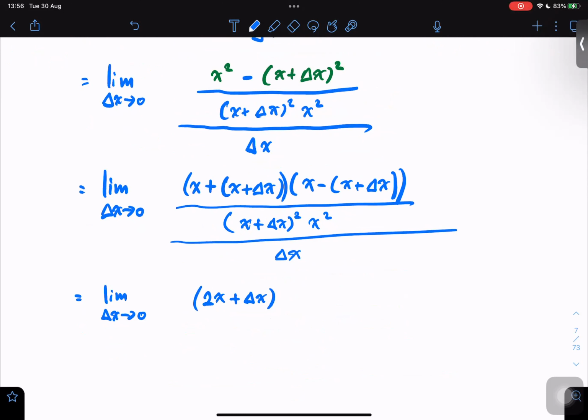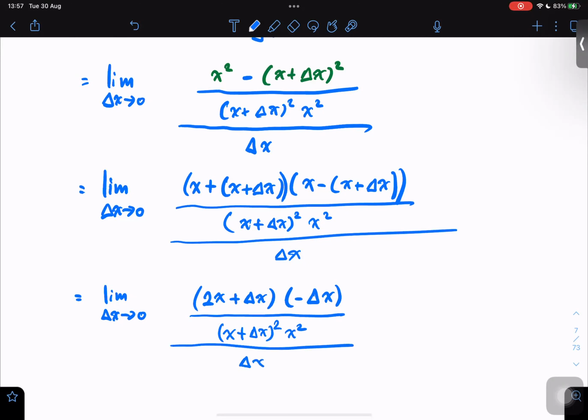And the second one, x minus x plus delta x, will have only minus delta x left, over x plus delta x squared x squared, all over delta x like this.